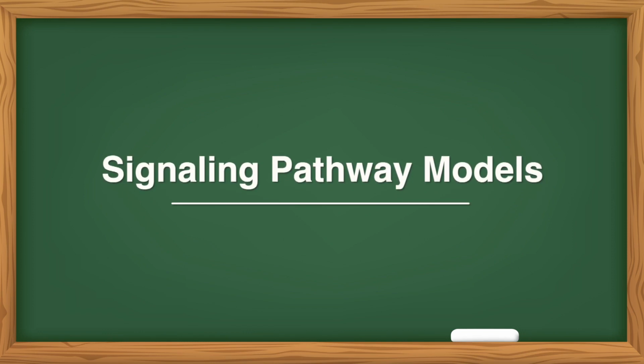This equation is like a mathematical playbook that explains how messages, in the form of ligands, interact with the receptors to produce a cellular response. Now, what are these signaling pathway models? So, let us explore the signaling pathway models further.